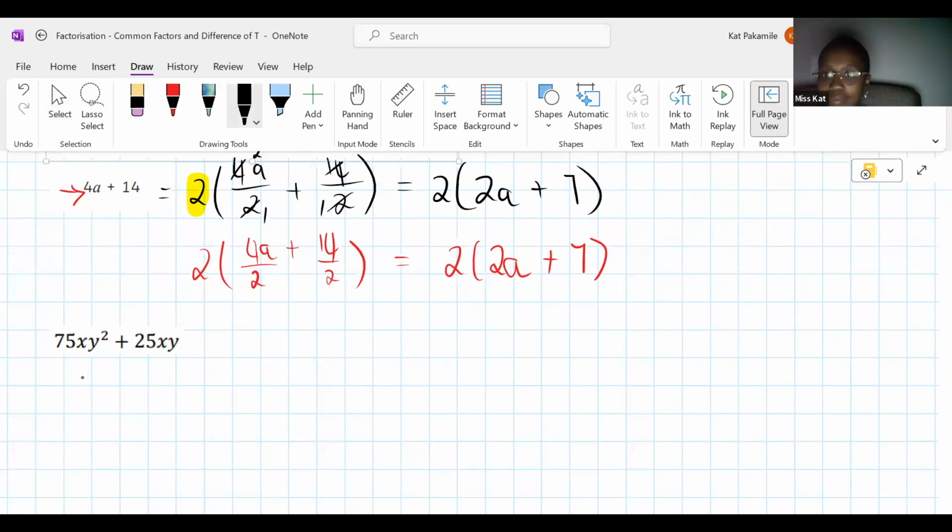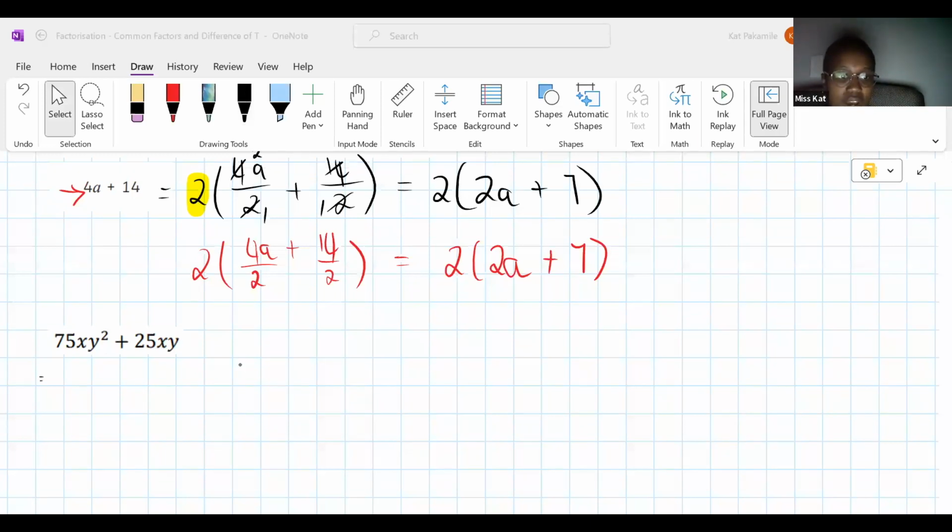So ma'am, you're going to have to find the common factor, the HCF, which is 5. What's the highest one though? Think about it. Between 25 and 75, 25. 25, beautiful.